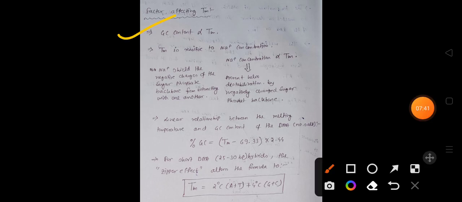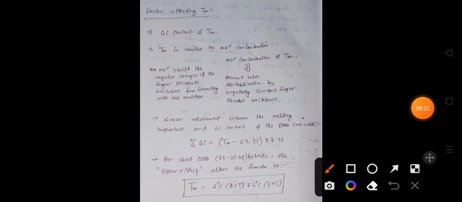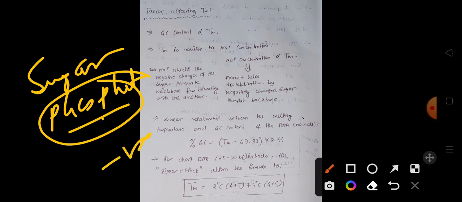Now I have written here various factors that can affect the Tm value. First we have already discussed the GC content: the higher the GC content, the higher the Tm value. Now remember another thing: with increasing Na plus concentration, Tm value will be lower. Okay, because remember one thing. We all know that the sugar phosphate backbone is present in DNA, right? And this phosphate has a negative charge, right?